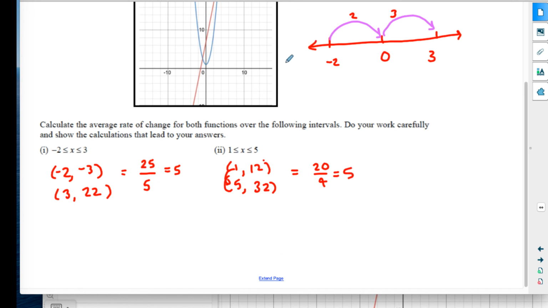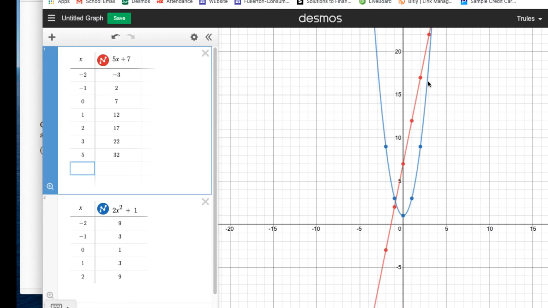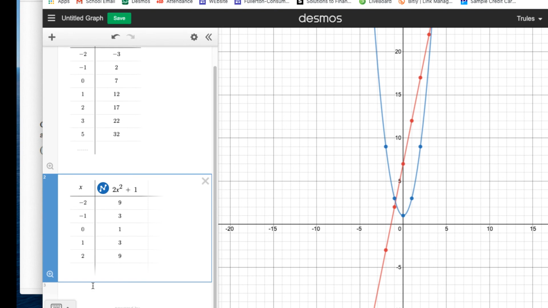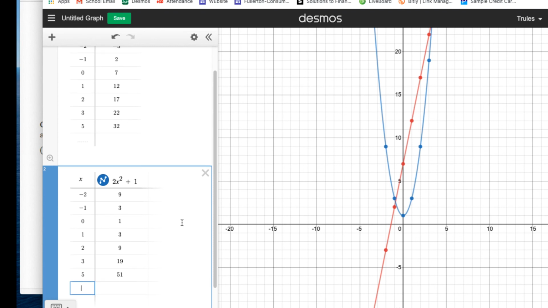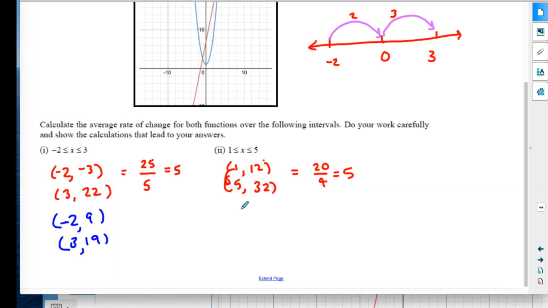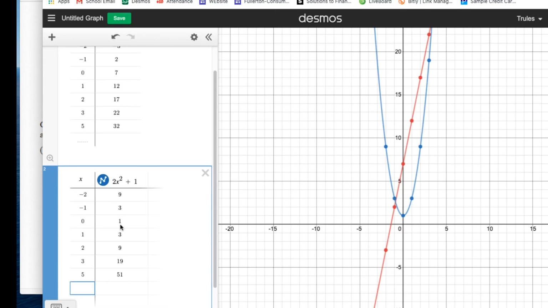Now, however, with my wonderful quadratic, things are going to be different. So first off, we need to put in the number 3 here and the number 5. All right, so when I put a 3 in, I get 19, and when I put a -2 in, I get 9. So 9 and 19. And then over here, I need to put in a 1 and a 5. I know my 5, I believe, was 51 when I put it in, and my 1 was 3.